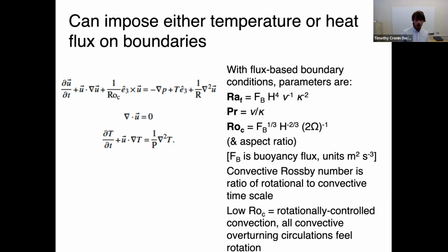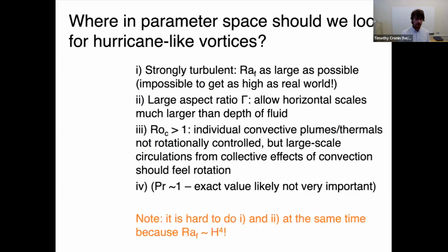The limit of large convective Rossby number can be that individual convective cells don't feel rotation, but collective effects of multiple convective cells do, if the circulation timescales of an individual convective cell are fast compared to rotation, but broader overturning circulation timescales are slow. That's the sort of limit we're interested in.